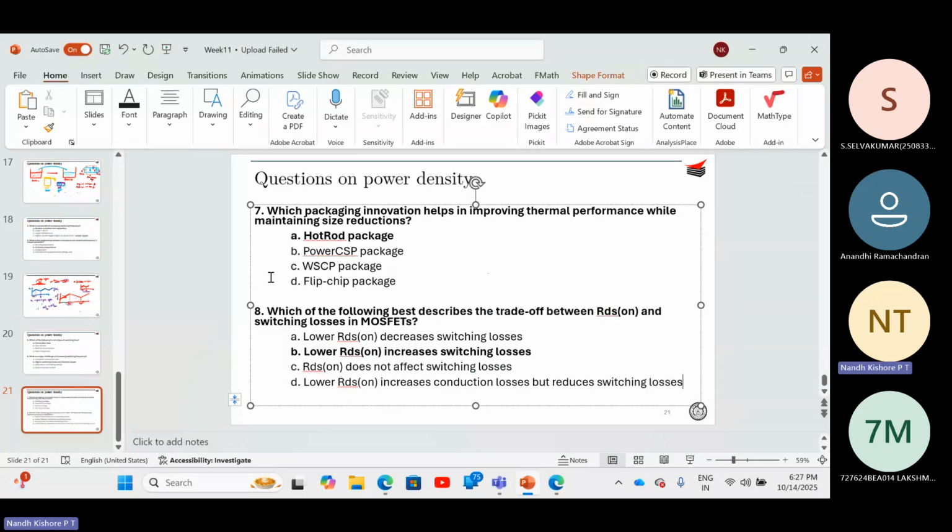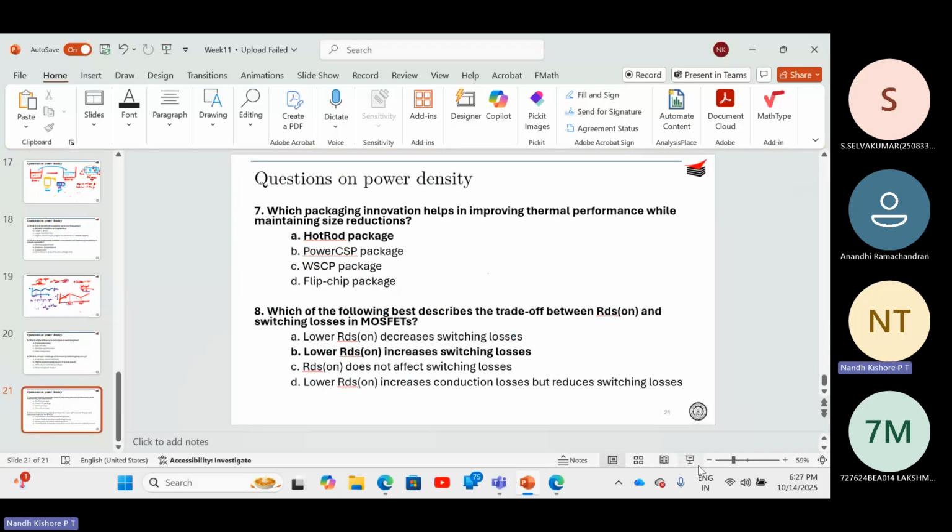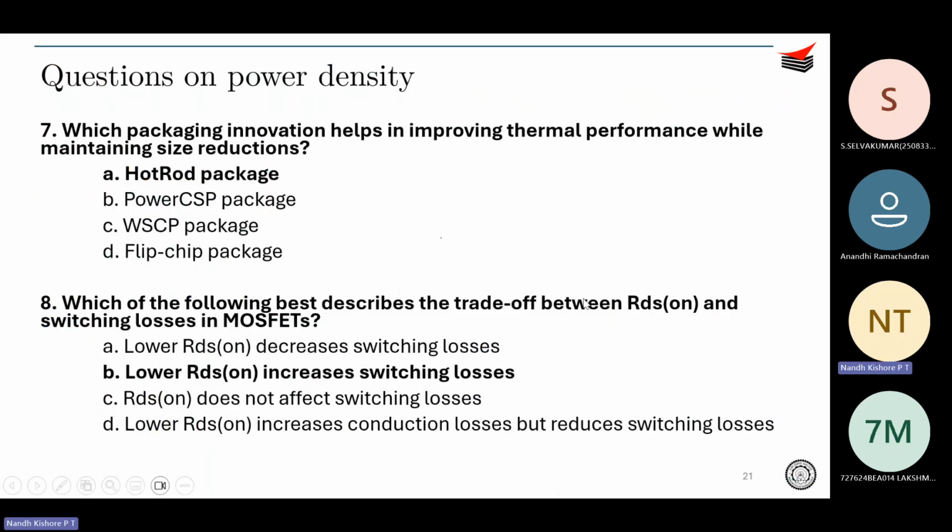So which is the answer for question number 8? Which of the following best describes the trade-off between RDS on and switching losses in MOSFET? Trade-off as in they may not be directly related, but as a ballpark figure, based on the data sheet that you might have seen, what is the general figure? If you go for lower RDS on, what happens? If you go for higher RDS on, what happens?